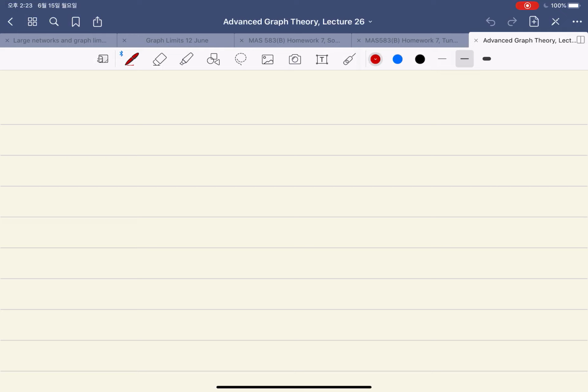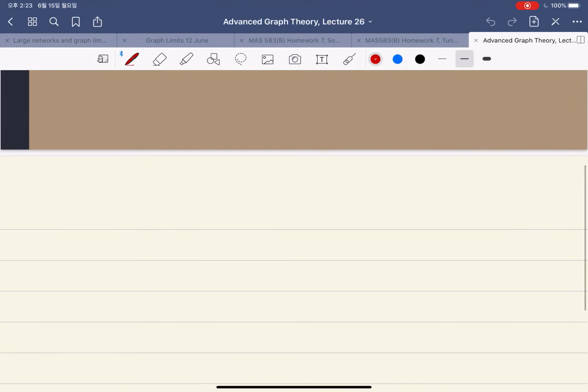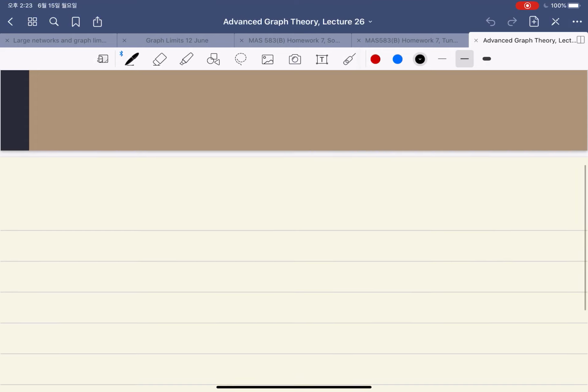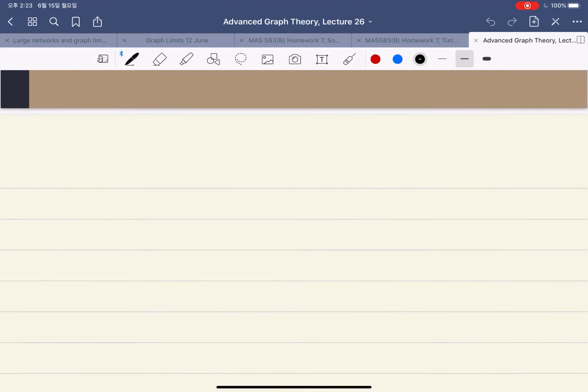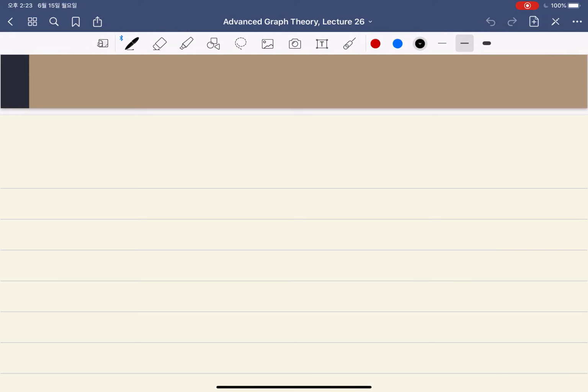And now, what we are going to do is this. The embedding lemma just helps us find one copy of a graph, say F or H, inside of graph G. But by using the regularity, we can actually count the number of subgraphs in a given graph.